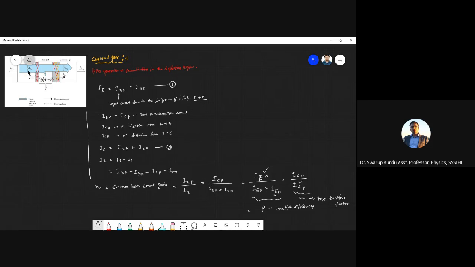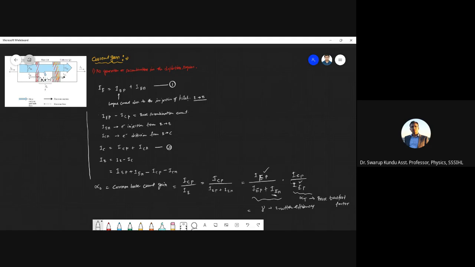I mean, how much is the flow of holes from emitter and how much it is able to transport to the collector. This is basically base transport factor. So if it could transport all the holes without any recombination to the collector, then ICP by IEP will be like 1. So base transport factor is 1. But in practice, it cannot be 1. There will be some recombination loss.